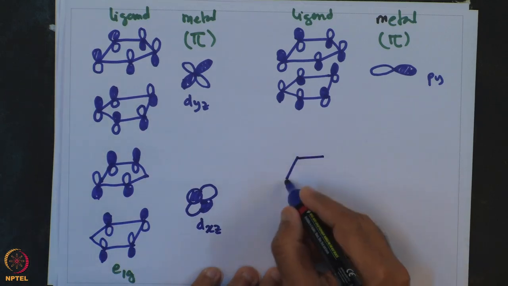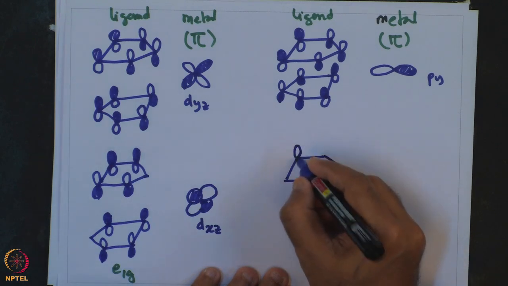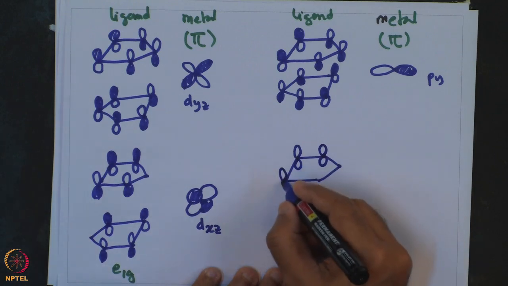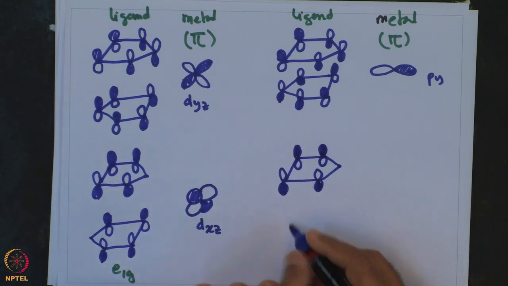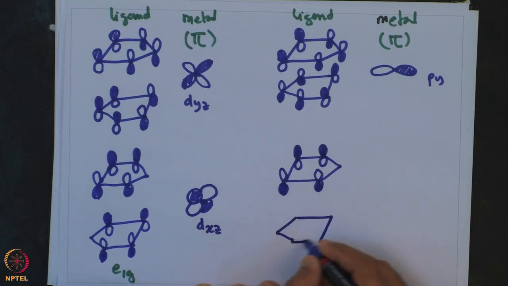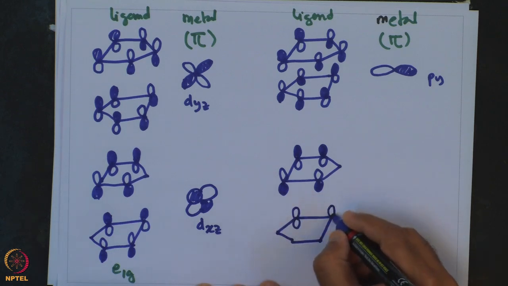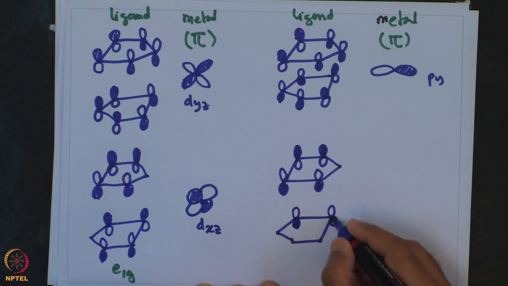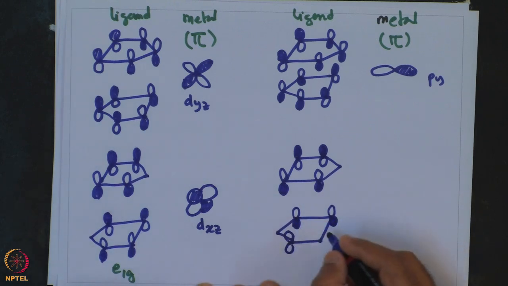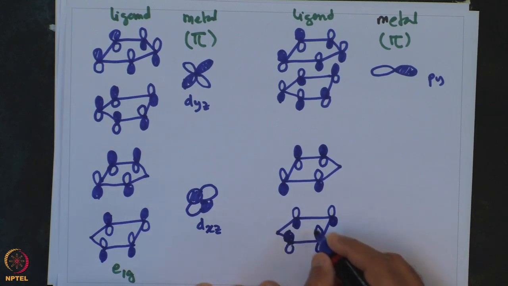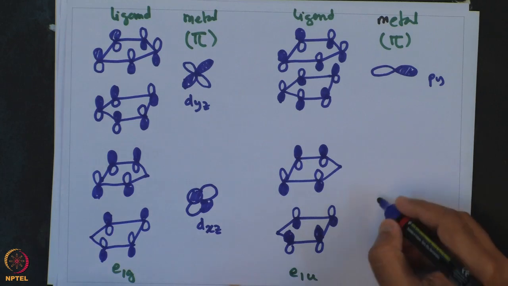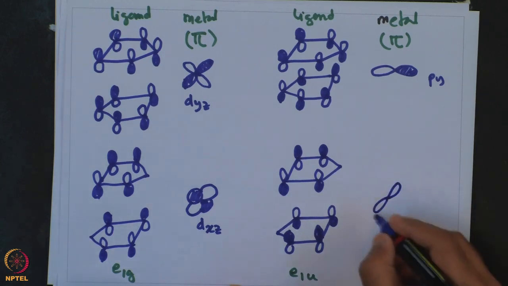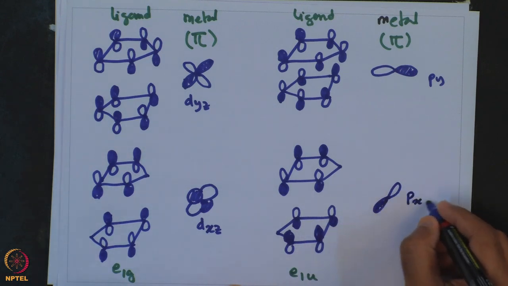Similarly, the other combination is as shown over here, and this is called E1u, and the corresponding p orbital of the metal is p x.